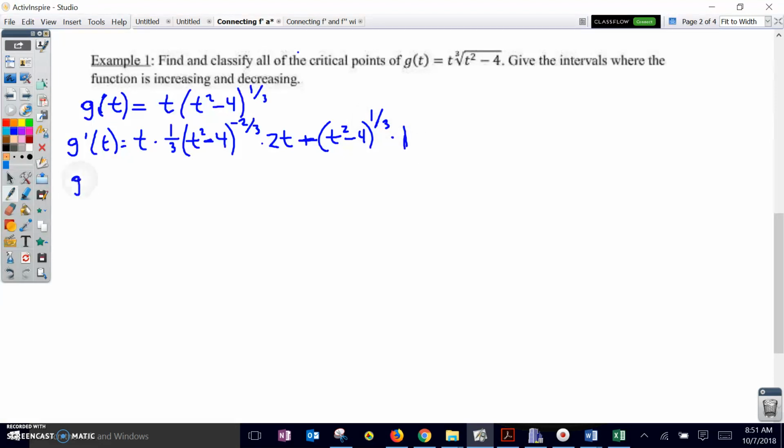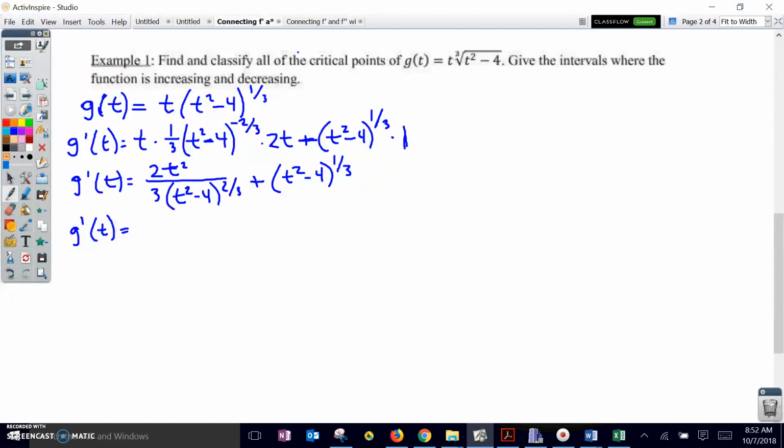And cleaning this up a little bit, we have g prime of t equals 2t squared over 3 times the quantity t squared minus 4 to the 2/3 plus t squared minus 4 to the 1/3. And then I'm going to get myself a common denominator here and combine these two terms into a single expression. So we've got g prime of t is equal to, and I'll use 3 times the quantity t squared minus 4 to the 2/3 as my common denominator.